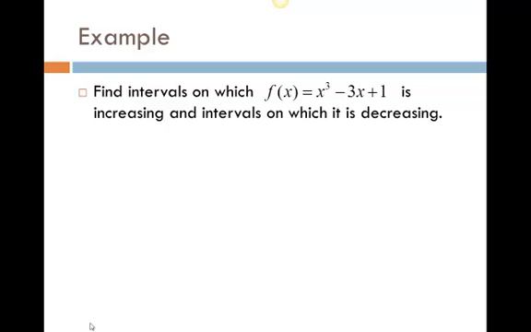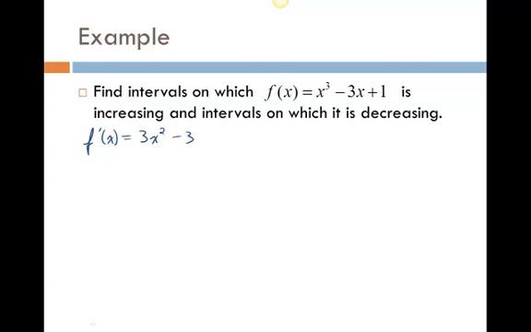So let's see if we can verify what we're seeing visually on the graph with our calculus here. So we're going to take the first derivative first. Okay, so we're going to say f prime of x is going to be equal to 3x squared minus 3.